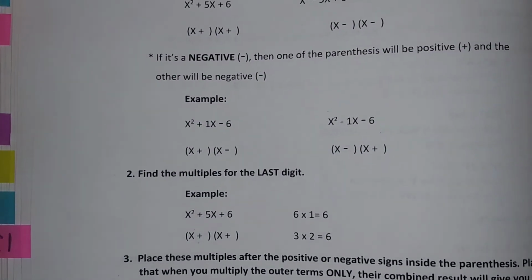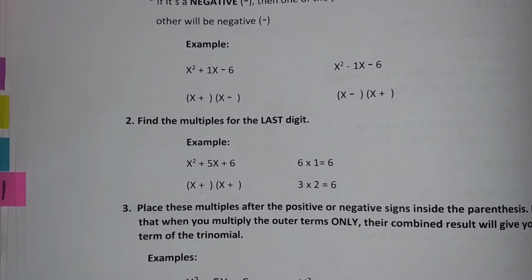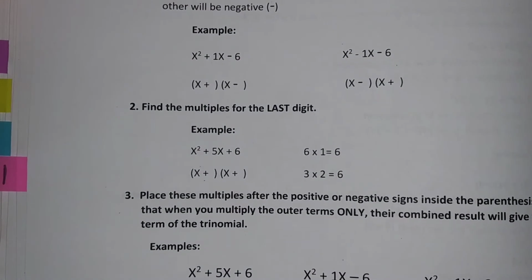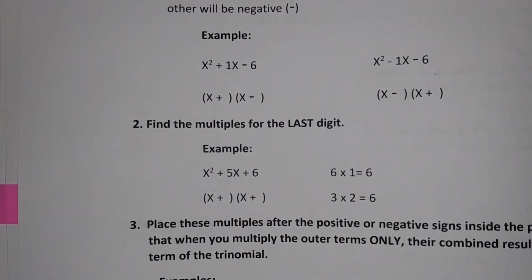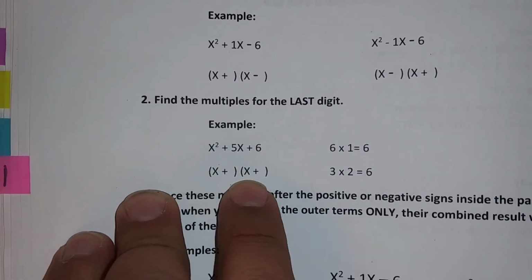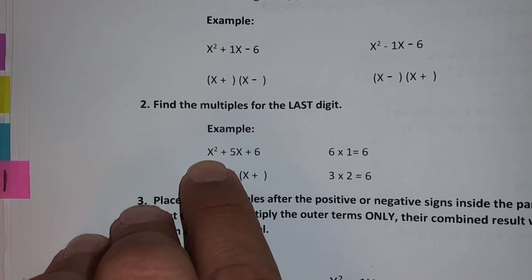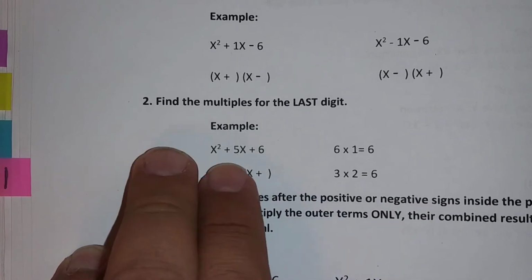Now, when it comes to looking at the multiples for the last digit within that monomial, we've got to see the ways. I like to call it, how can you make 6, for example, in this term. We already determined that if you split up x, it's going to be 1x in the front, 1x to the second, right? Because you only have 2.